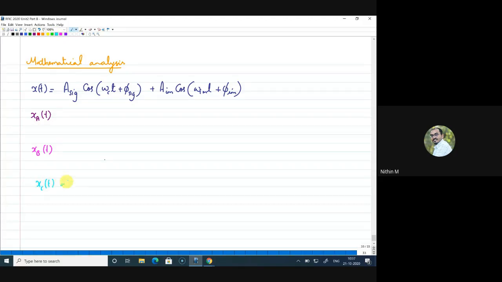Can you try to write the signals at xa, xb, and xc of t, so that when we write the final IF output, it will have only the signal component? Images will be rejected. Can you guys try?